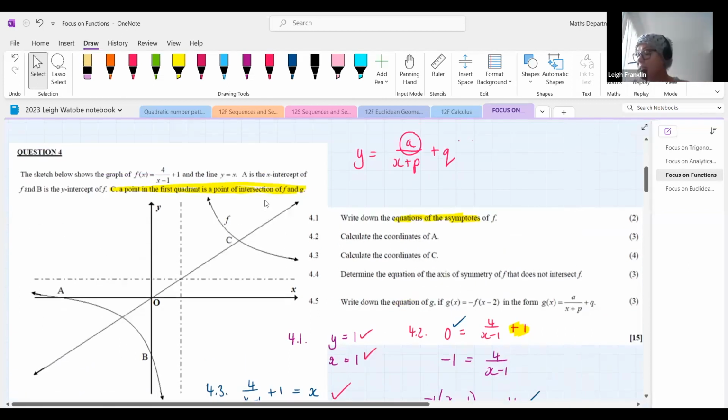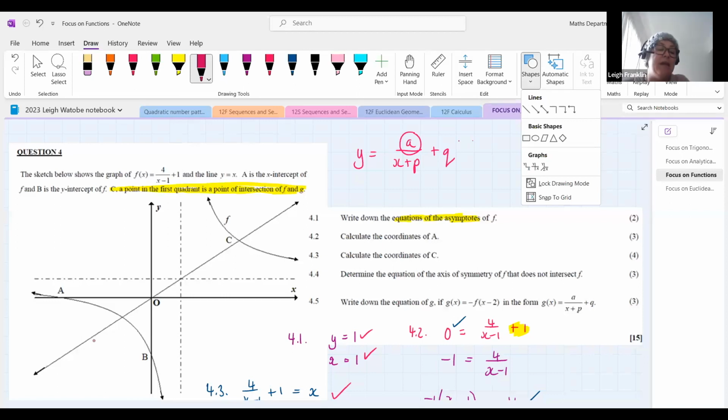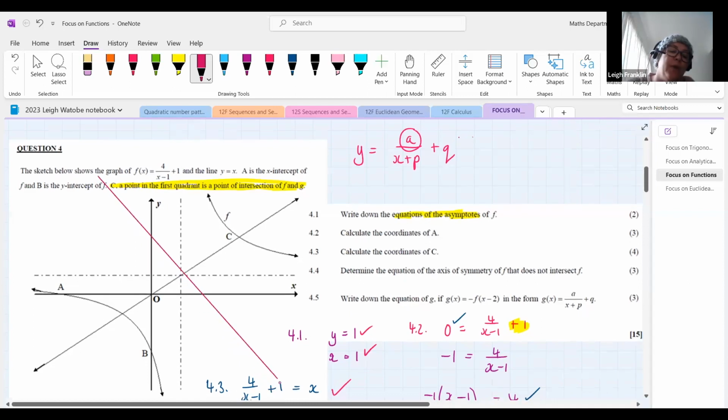So your axes of symmetry, just quickly in the time that we have remaining, are straight lines in the form y equals mx plus c that cut your graph in half, okay?